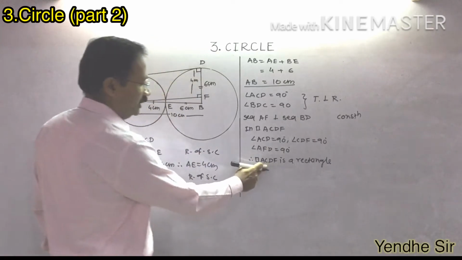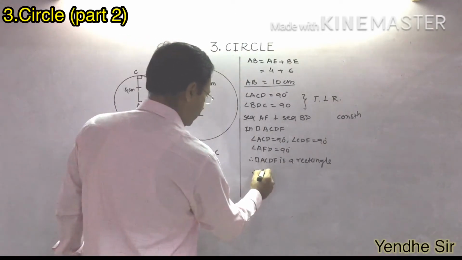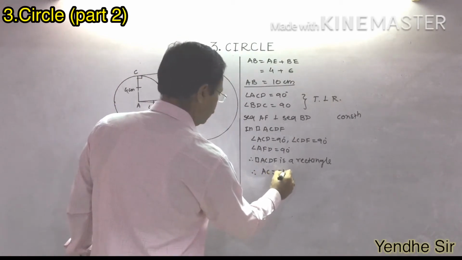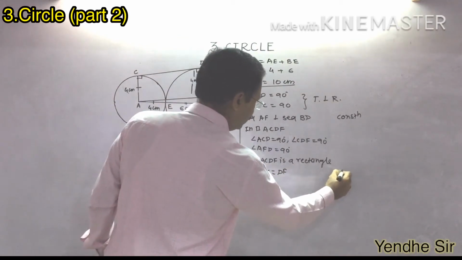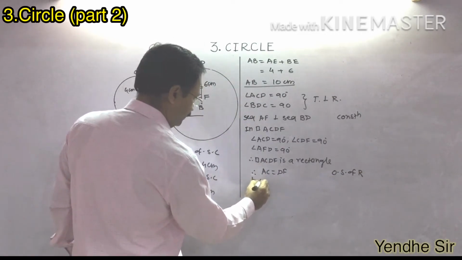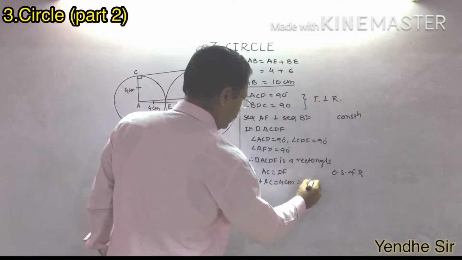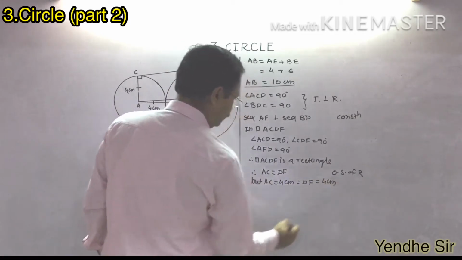Therefore, we know that if it is a rectangle, then opposite sides are congruent. Therefore, AC equals to DF. Opposite sides of rectangle. But AC equals to 4 centimeter. Therefore, DF equals to 4 centimeter.